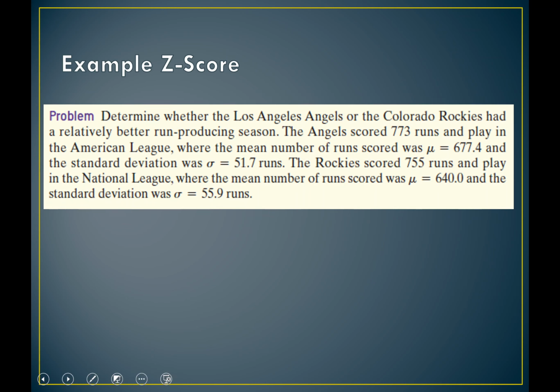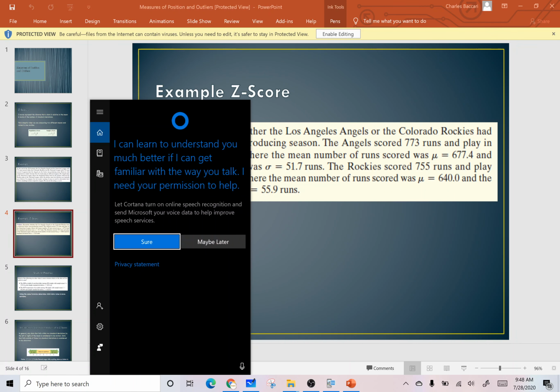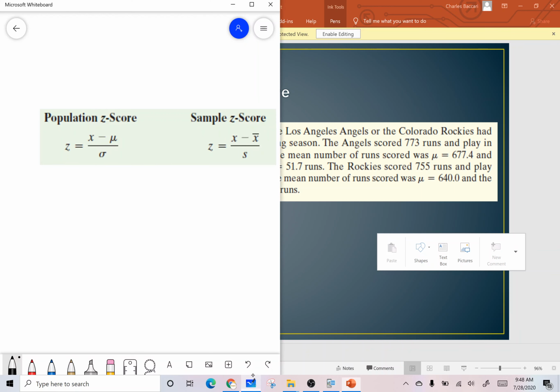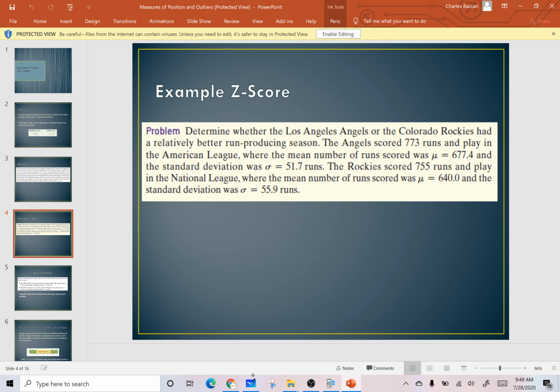So let me write this down. For the American League, the mean is 677.4 and the standard deviation is 51.7.